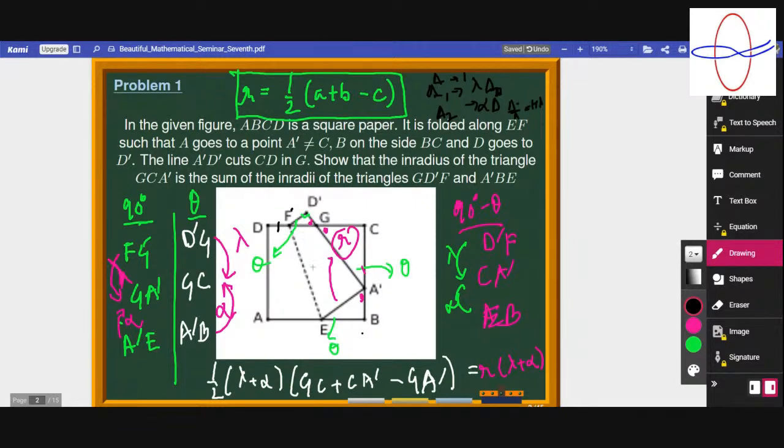What will be the sum of the lengths of the perimeters of all the triangles? Can you tell me that?